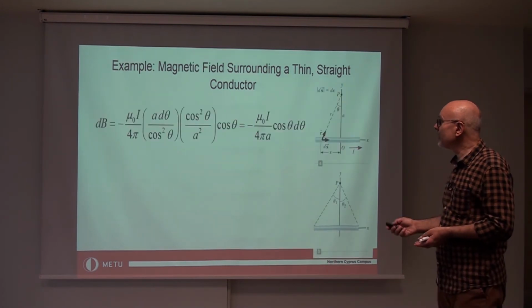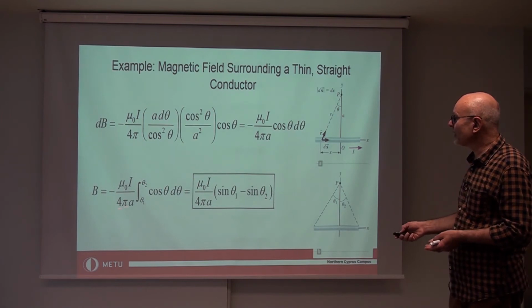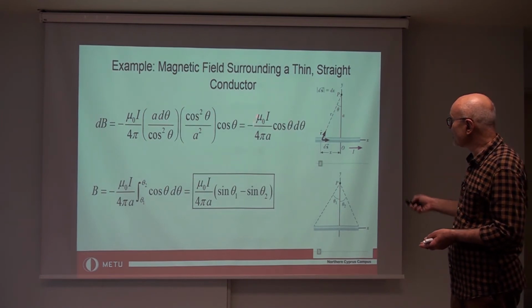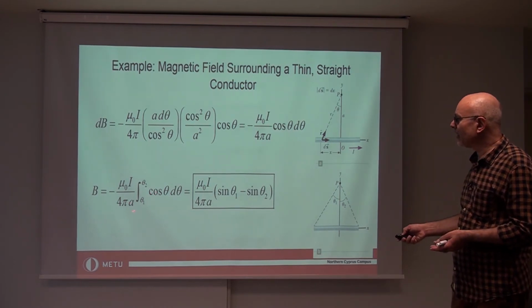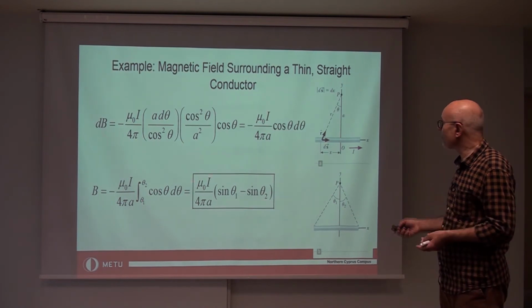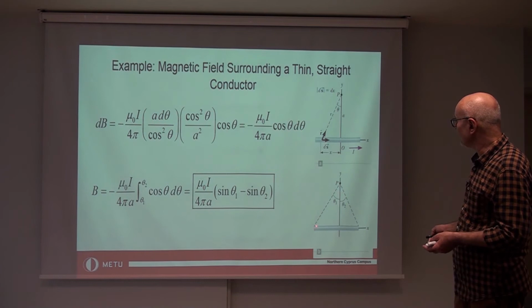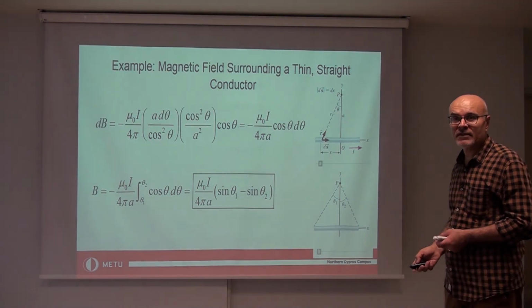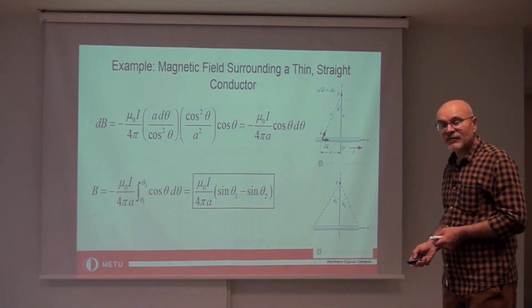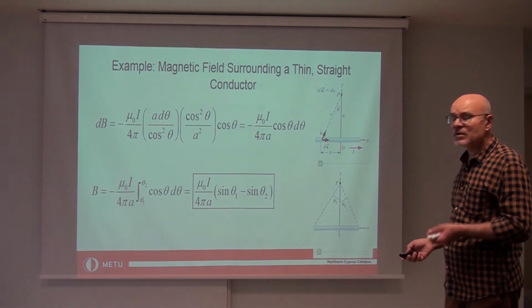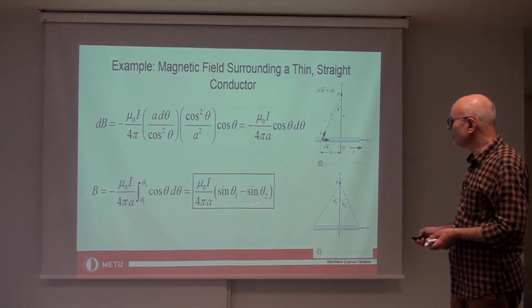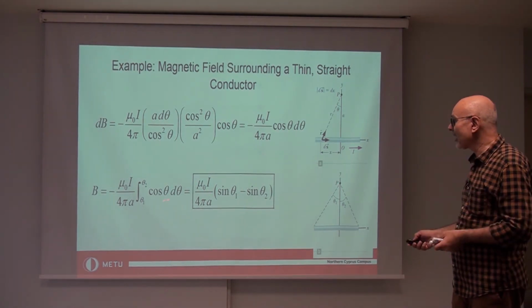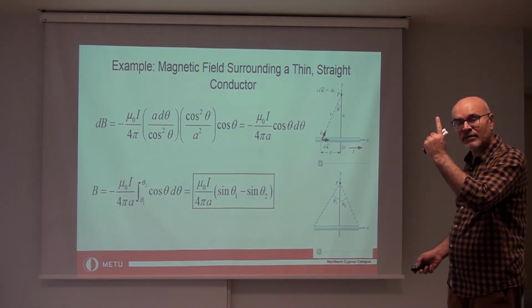And so what remains is just the integration of cosine theta d theta, going from theta 1 to theta 2. Theta 1 and theta 2 are the angles subtended by the two ends, and this is the expression that we get for the magnetic field of a straight wire that lies along the x-axis, where P is the point at a distance a vertically above that wire.